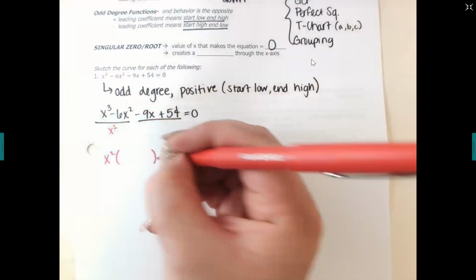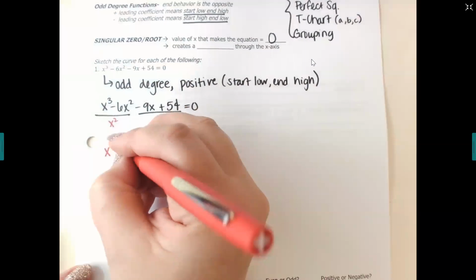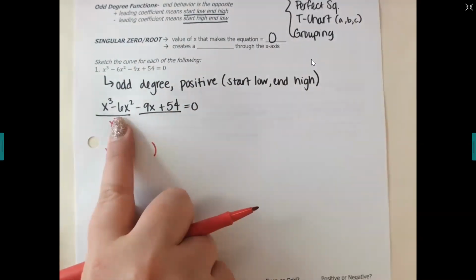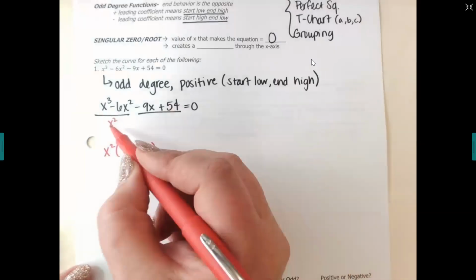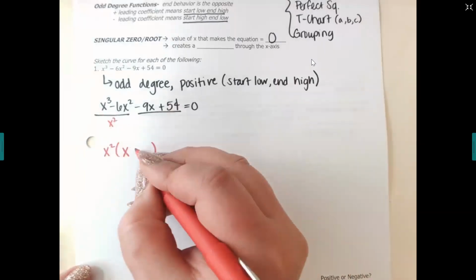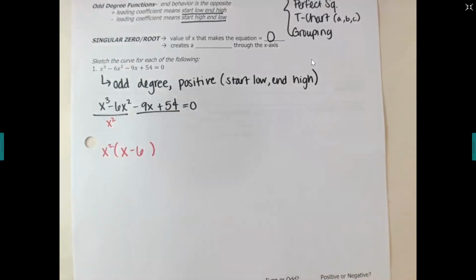And then I'm going to see what's left over. Originally, it was an x3. So if I take a squared out, I'm only going to have 1x left. What about from the second part of that, the minus 6x squared? What would be left when I pull the x squared out? Just the minus 6. Okay, take a look at your second 2. I have a minus 9x and a 54.